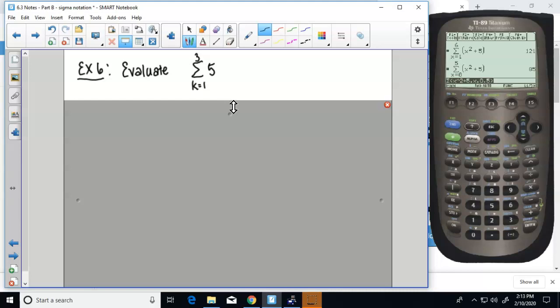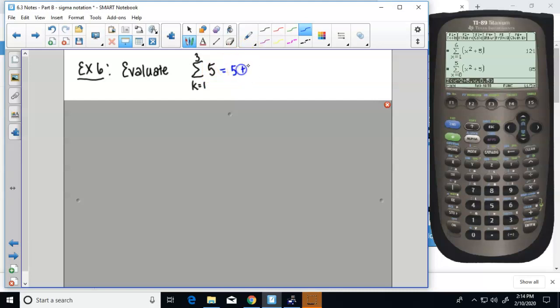So if we have to evaluate the sum from 1 to 3 of 5. This is a problem that is so easy that it is difficult, in my opinion, because I don't have a k right here to plug a number in. So for the first term, I would try to plug in a 1, but there's no k there, so I would just get 5 for my first term.